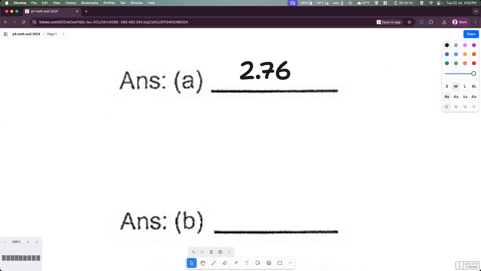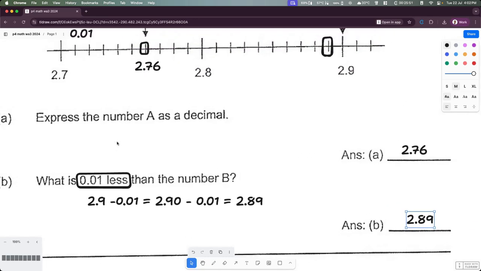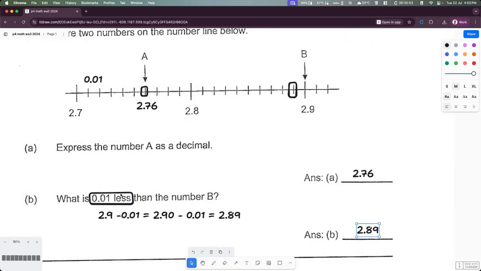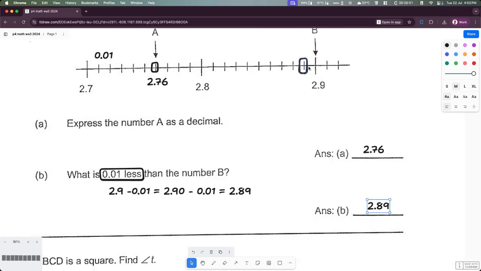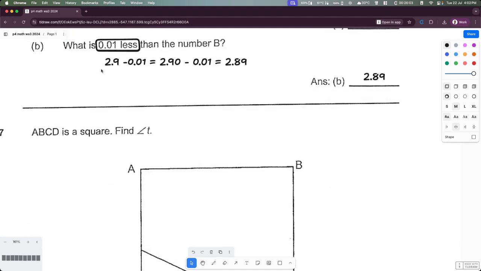And that's it. So question B is 2.89. Pretty straightforward. Sometimes you might get confused what 0.01 less means. Less always is minus, and the number we're minusing off is 2.9. Okay, let's move on to the next question.